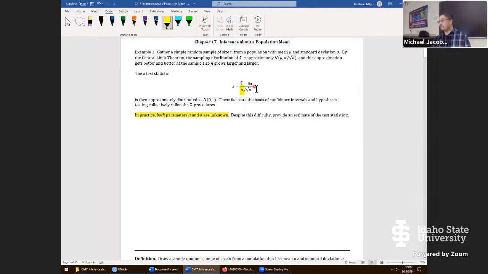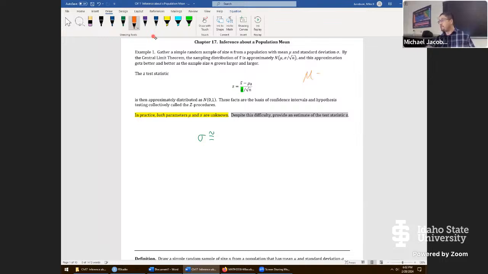People found a workaround, and this is what they did. We're going to estimate the test statistic z, and they did get in trouble for a while. Here's how we're going to make that estimate. Let me actually highlight differently. There we go. We need to say sigma is approximately equal to something. Any volunteers for what should go right here? Here's a small hint along those lines.